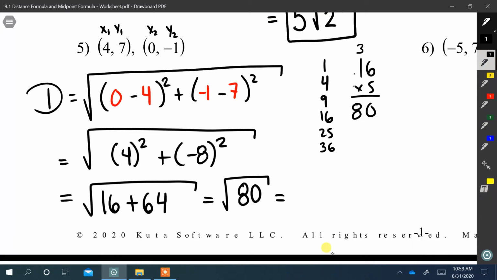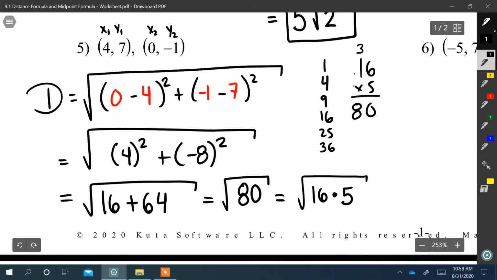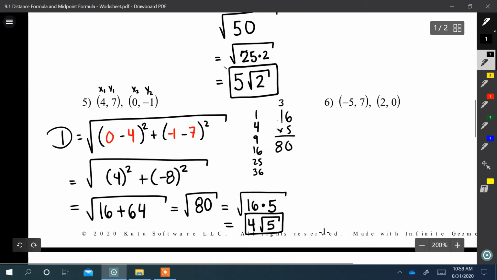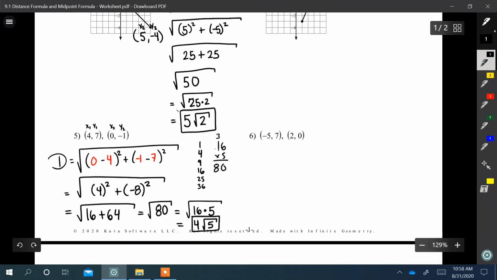So we can split this one like this, 16 times 5. So we get the square root of 16 is 4. That one gets to get out because it's a perfect square, but the 5 is going to stay inside. All right, so that was number 5. You get to do number 6 now.